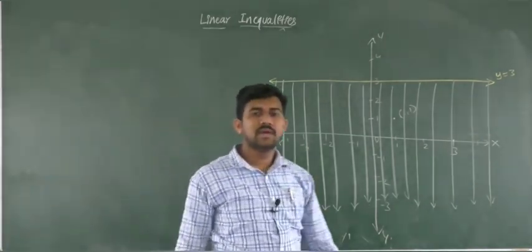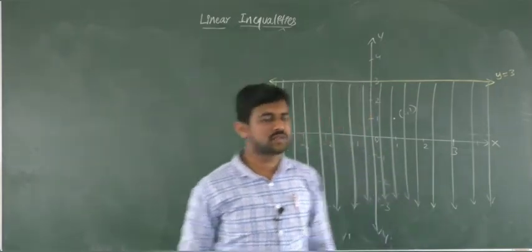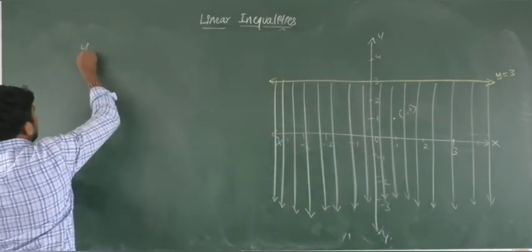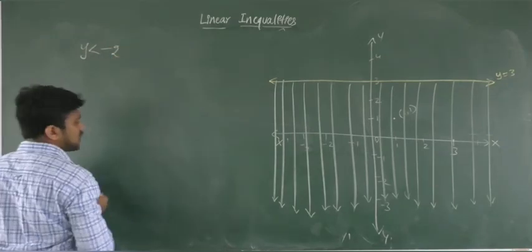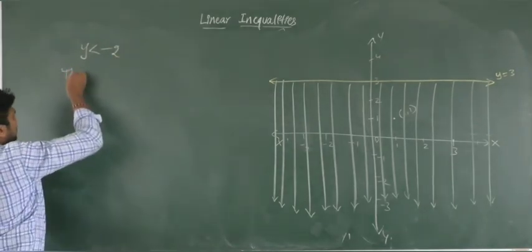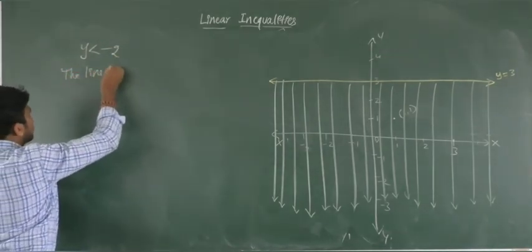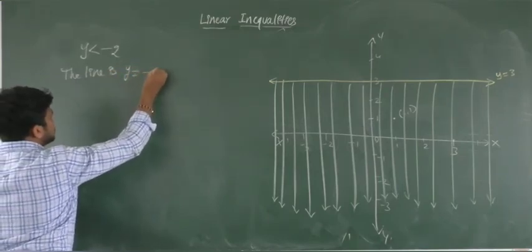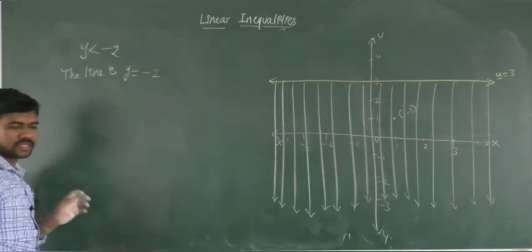Now, y is less than -2. So I'll do it directly. The line is y is equal to -2.